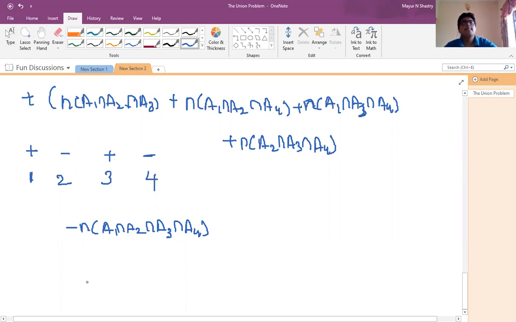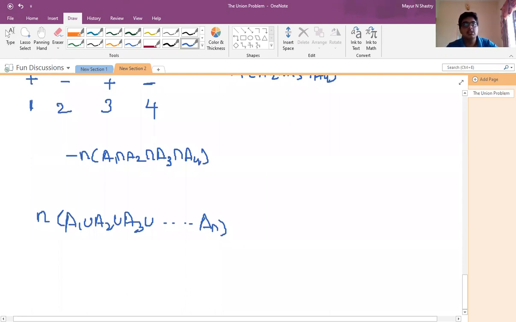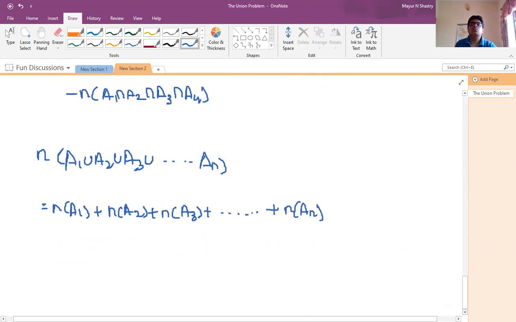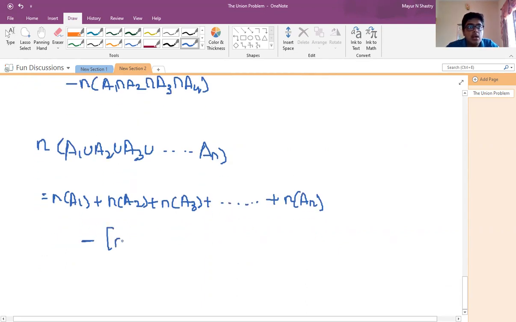So if we have A1 union A2 union A3 all up to AN, by just a little bit of pattern matching, we get that it is equal to n of A1 plus n of A2 plus n of A3 plus dot dot dot plus n of AN, then minus n of A1 intersection A2 plus n of A1 intersection A3 all the way up to n of AN minus 1 intersection AN.